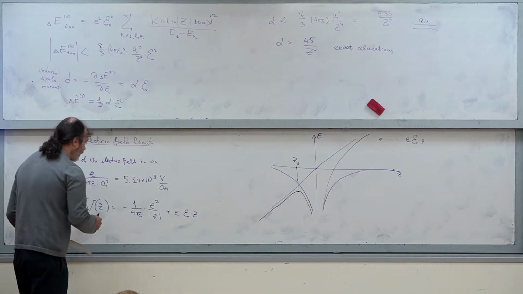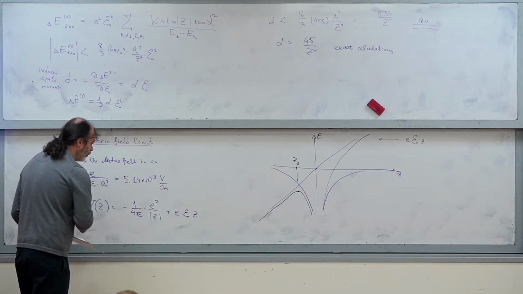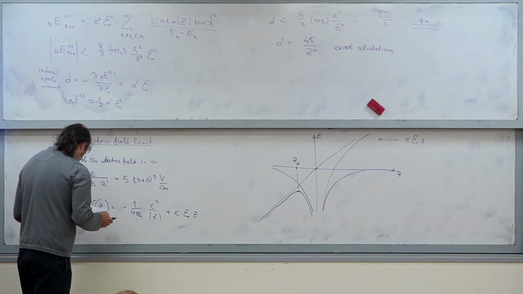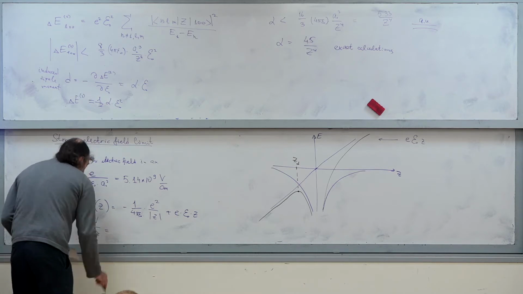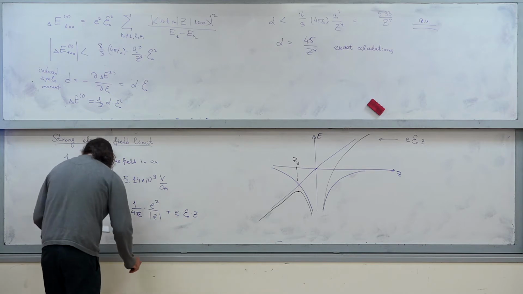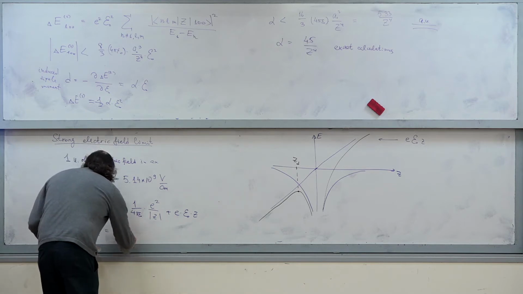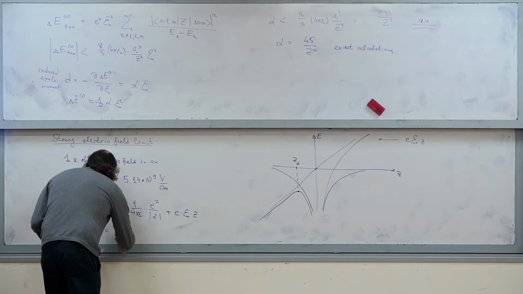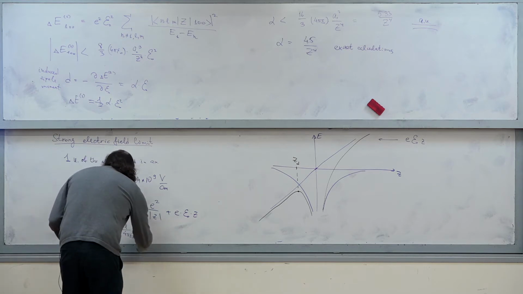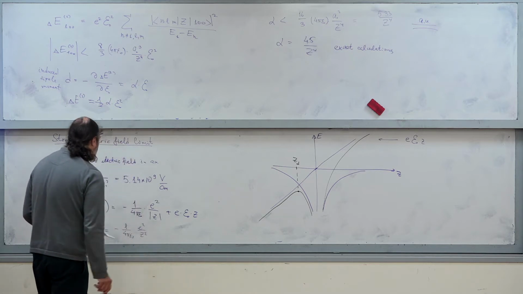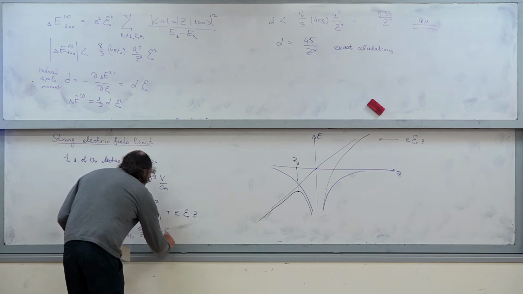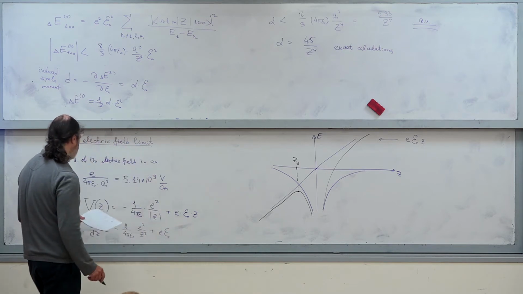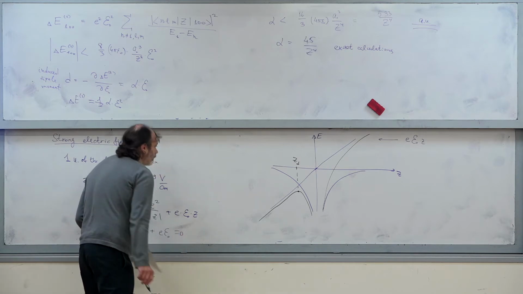So essentially we need to take the derivative of this with respect to Z. The derivative will give us, keeping the negative sign, e squared divided by Z squared, and then the part which has only e E0. So this has to be 0, of course.